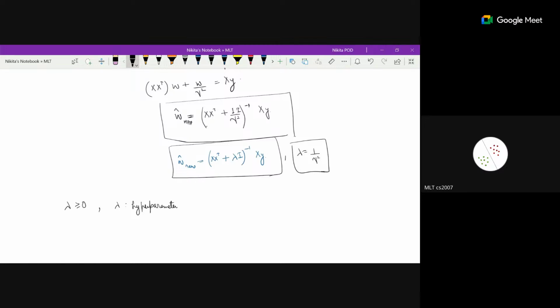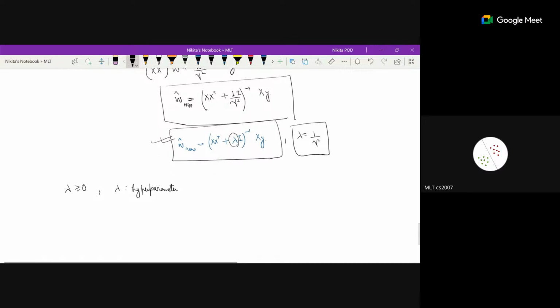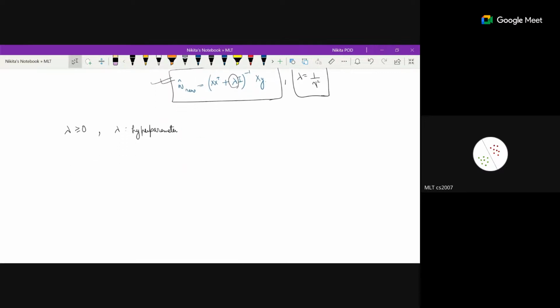Now the question is, this W hat new is reducing my MSE, but we still need to give the lambda values. So which lambda value should we give so that it reduces the MSE more? How do we decide which lambda to choose? For choosing this lambda, we are going to use the cross validation technique.